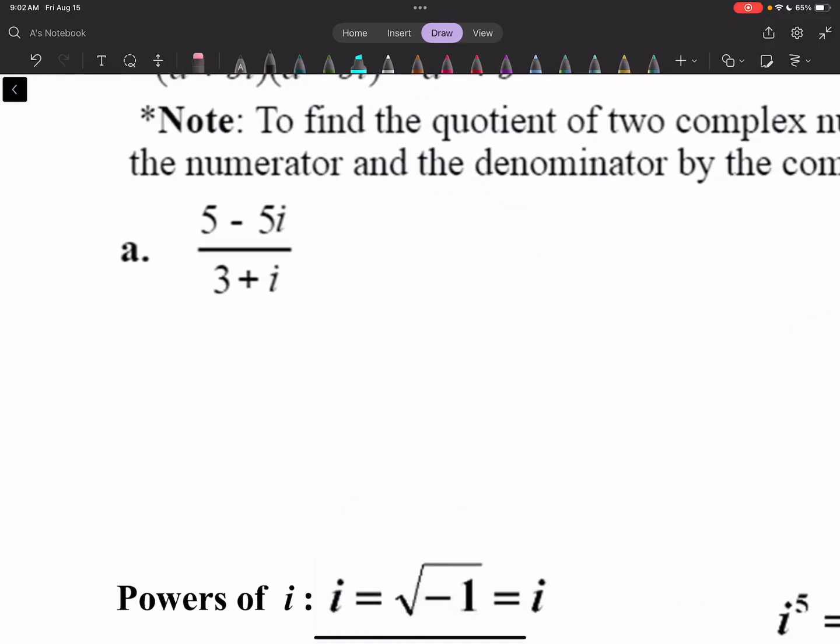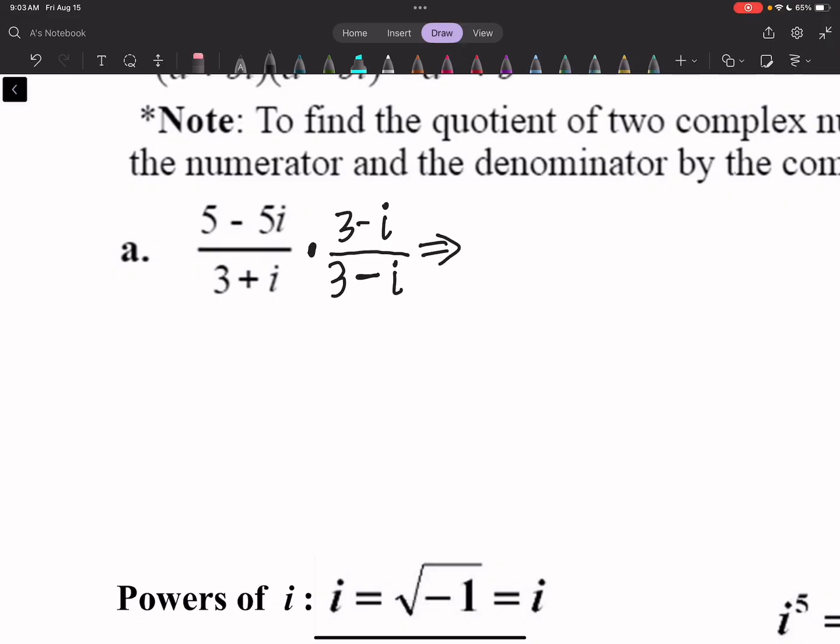Now what that means is, for letter A, I'm going to multiply by 3 minus i. Why minus? Because this one was plus. My numerator is the same. I'm multiplying the same on top and bottom because essentially I am just multiplying by 1.